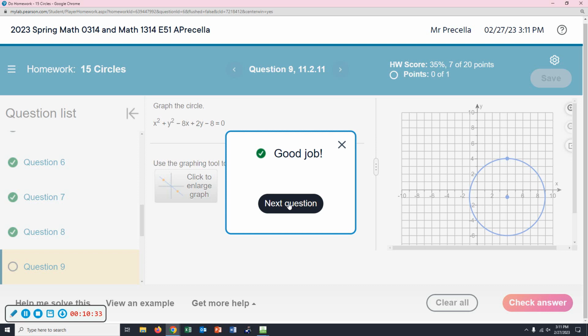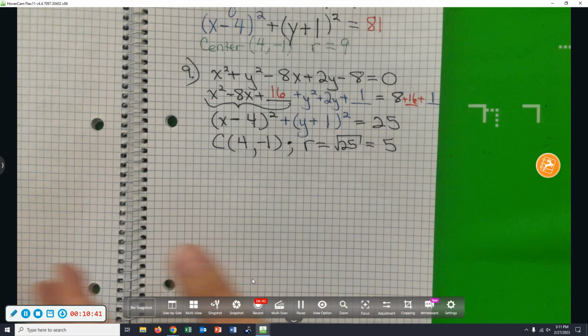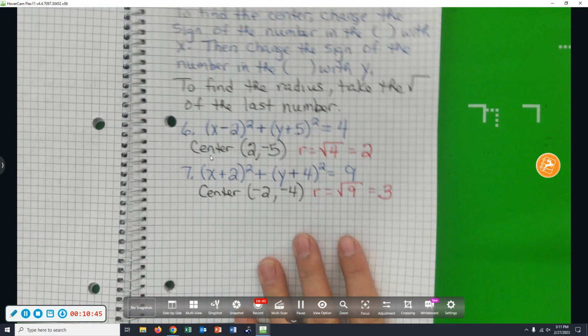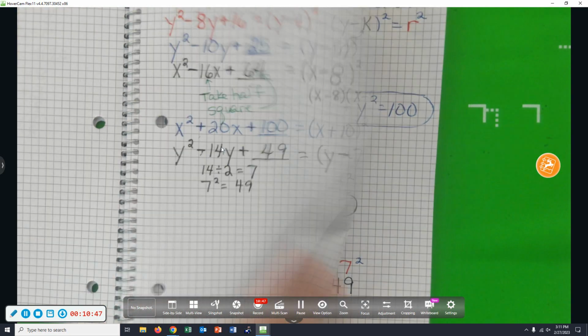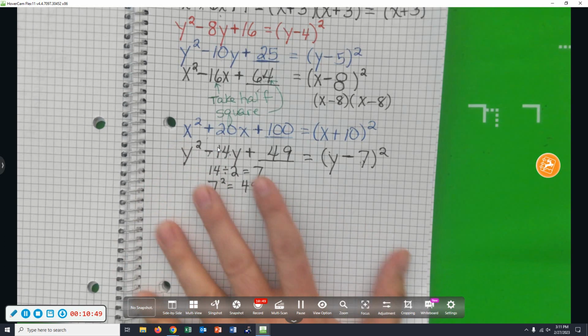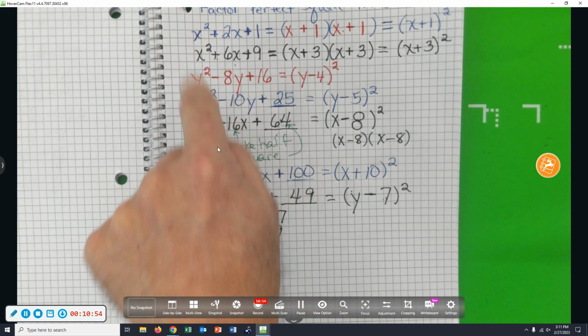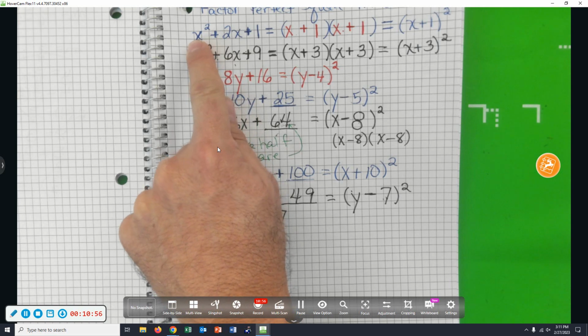Any questions there? Have y'all noticed something about these problems? When we were factoring these, did we have a number in front of these x's? Could I have had a 3 right here and it been a perfect square trinomial?